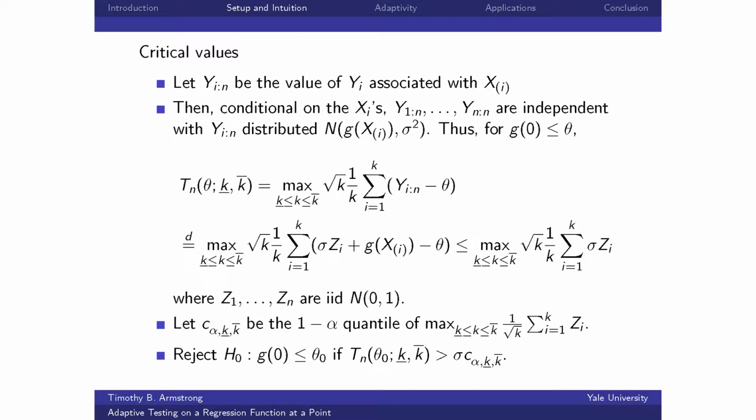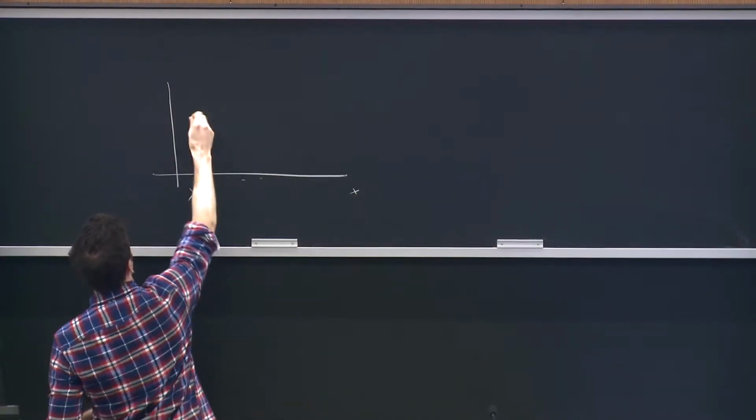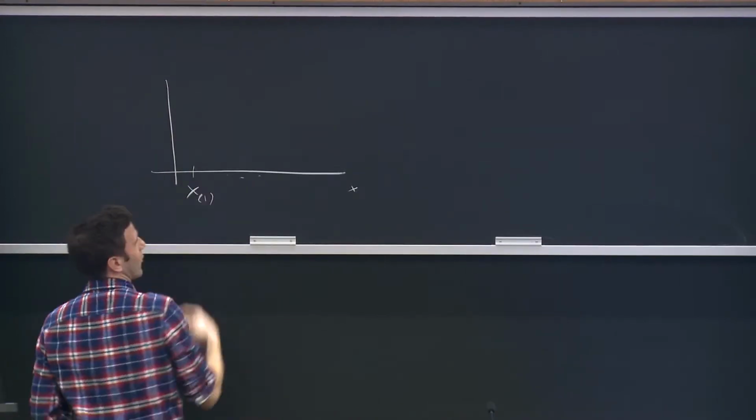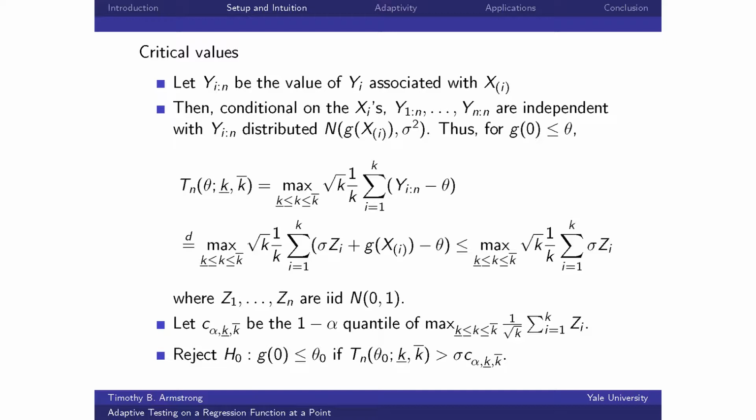Basically, we have our data, we have our x's, and we've ordered them, x1 and so forth. We're plotting our y's. Let's call y sub i colon n the value of y_i that's from the same observation as the ith smallest value of x.